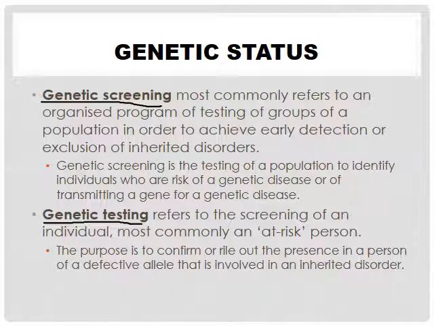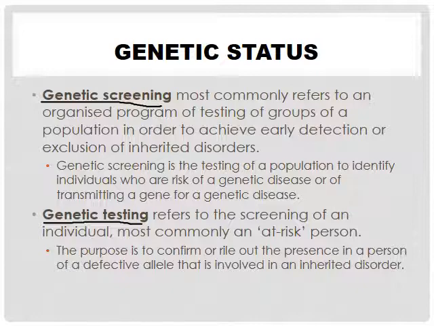With genetic screening, the purpose of offering it to a whole population is early detection, or if it's not detection, it's early exclusion of the chance of that particular person having an inherited disorder. So you see in Australia genetic screening programs used with newborn babies, where they screen newborn babies for a range of different conditions such as cystic fibrosis or phenylketonuria, PKU.